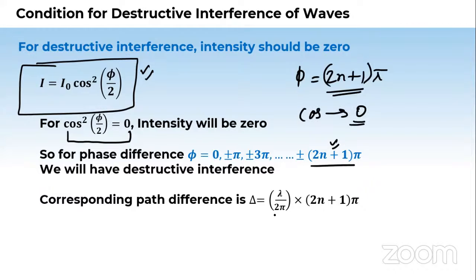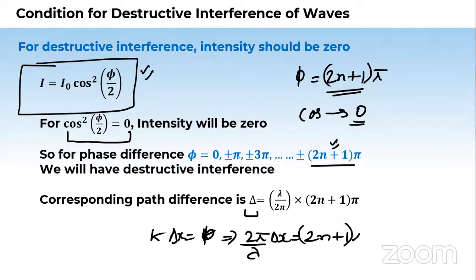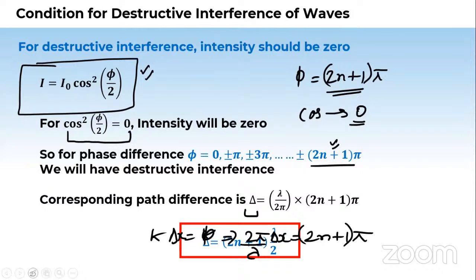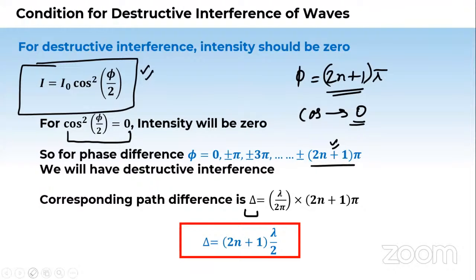So from here the path difference becomes: kΔx equals φ, where k is 2π/λ and the path difference is Δx. Remember the values. Students, it's not rocket science.